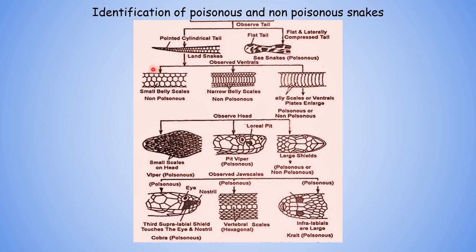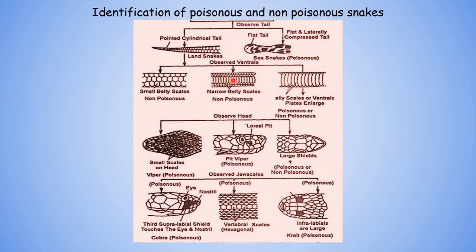The next feature to be seen is the scales on the ventral side, specifically the scales on the belly region. If the scales on the belly region are small scales, similar to the scales on the dorsal side, it can be considered a non-poisonous snake. Also, if the scales are narrow and do not cover the entire ventral side.